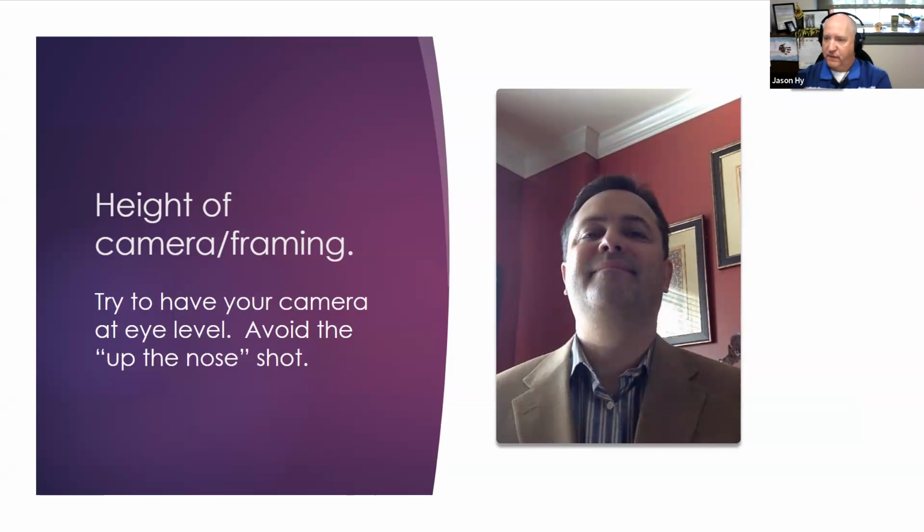The height of your camera and framing we're going to touch on now. As you can see, we're looking at this gentleman. His camera is probably at his navel, a foot or two below his face. You want to have the camera at eye level as much as you can. You want to look directly at the camera, whether you're setting up your ring light.